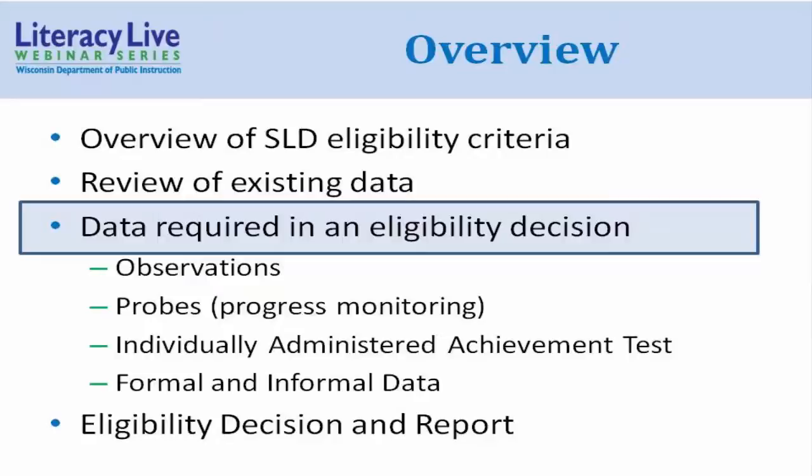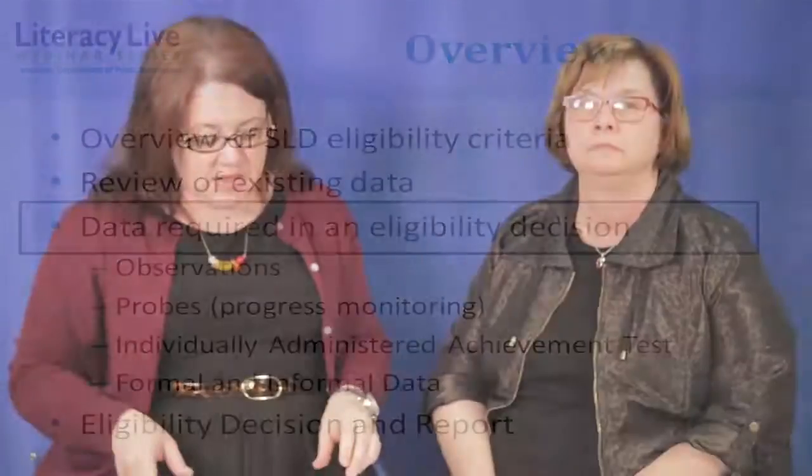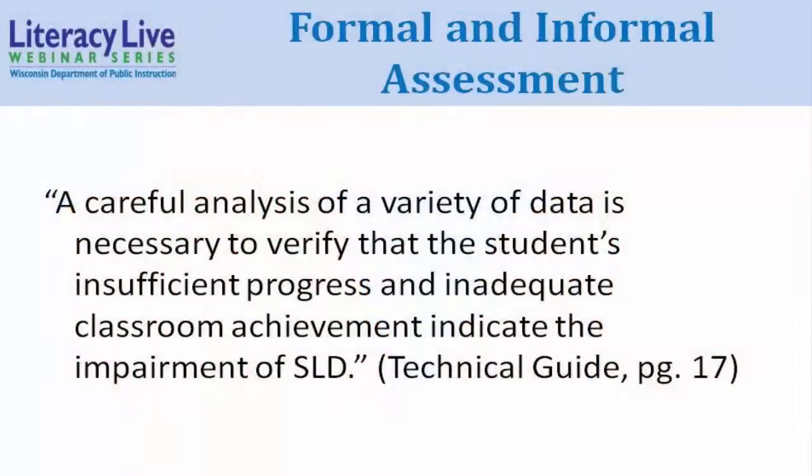Now, I just want to remind everyone that there are also formal and informal data sources that can be part of your eligibility decision. So beginning with the review of existing data meeting that was referenced earlier in the webinar, the team can start to consider what additional formal and informal assessment data may be included in the eligibility decision.